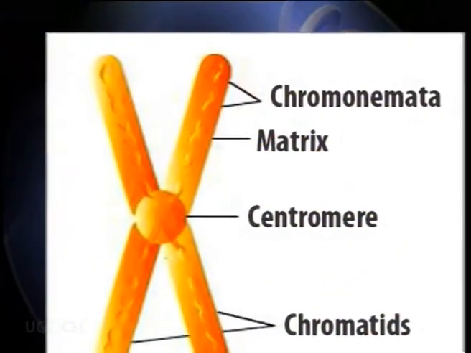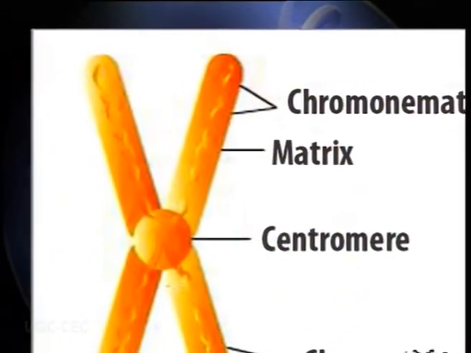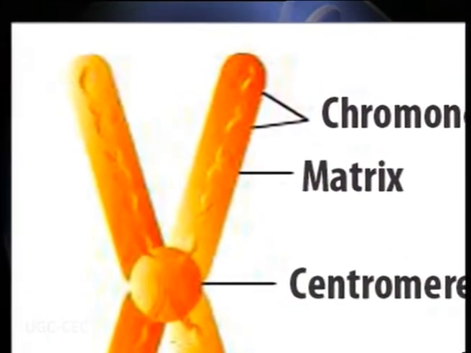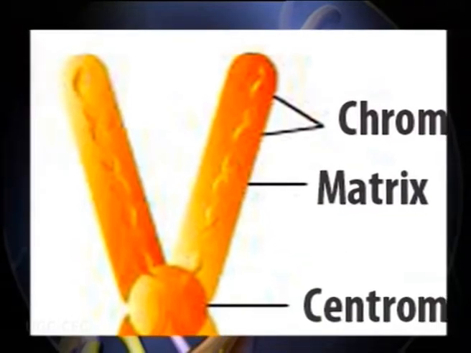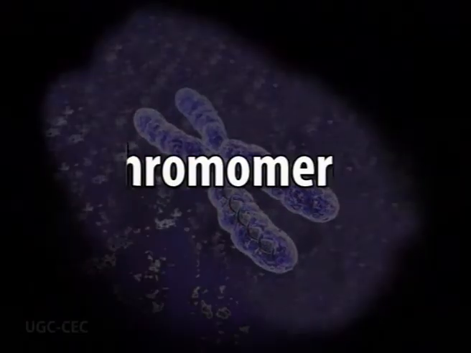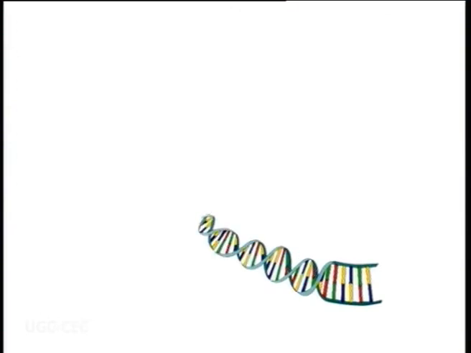Both chromonemata remain intimately coiled in a spiral manner with each other and have a series of microscopically visible bead-like swellings along their length called chromomeres. Now the chromomeres. Chromomeres are bead-like bodies over the chromonemata. The regions between these chromomeres are called interchromomeres.